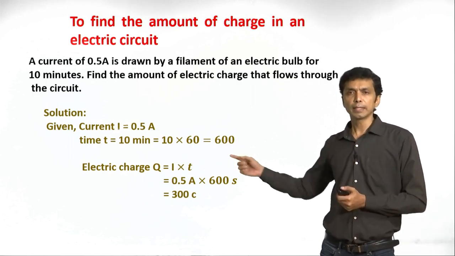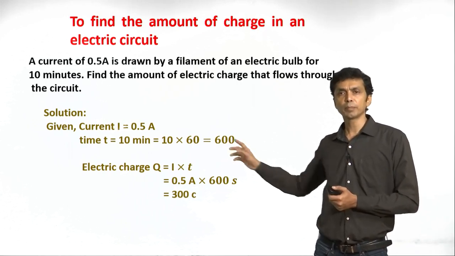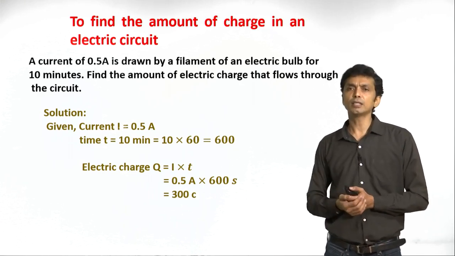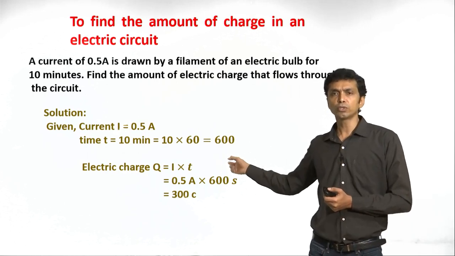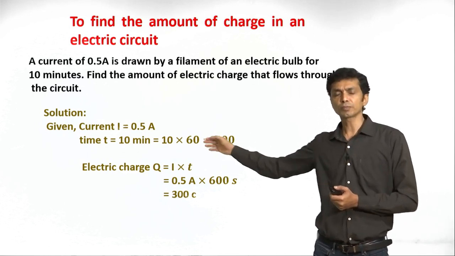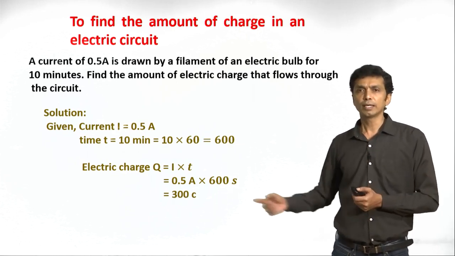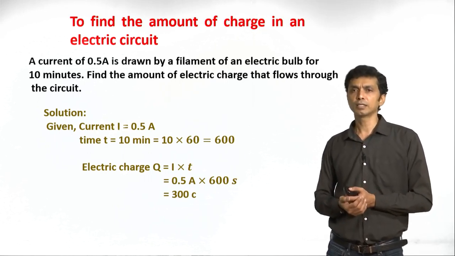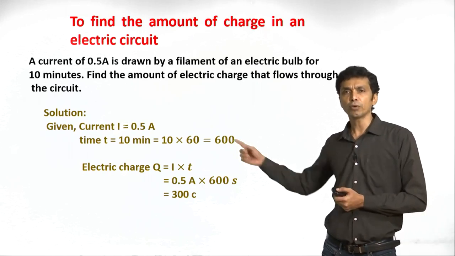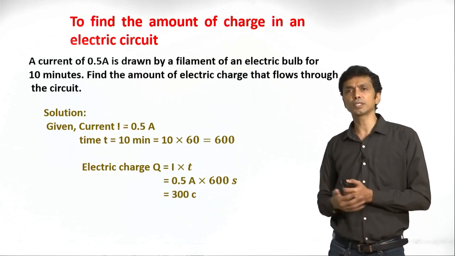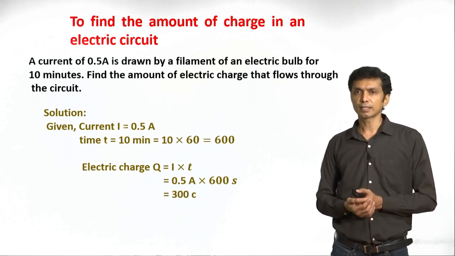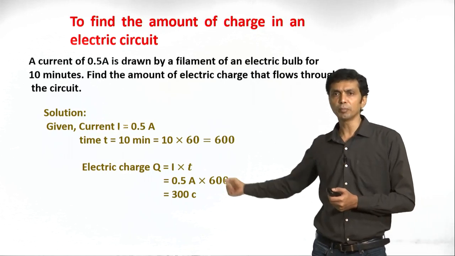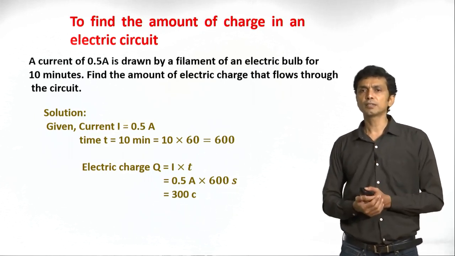You know that the charge is denoted by Q, I is the current, T is the time. When we take I is equal to Q by T and cross multiply, Q is equal to I into T. We substitute the values: 0.5 A is the current, and time is 600. How did we get 600? 10 minutes into 60 is 600 seconds. So, now we reach the value 300. What is this 300? It is coulomb. Coulomb means charge. The total charge is 300 coulomb.